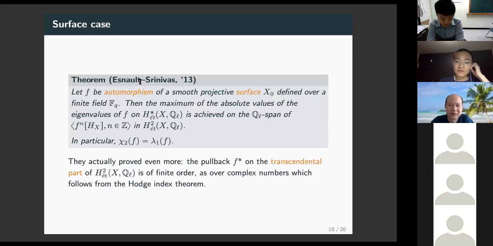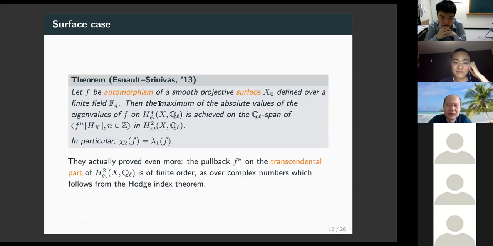The first result is due to Esnault and Srinivas, 7 years ago. They first considered the surface case. F is an automorphism of a smooth projective surface defined over a finite field.